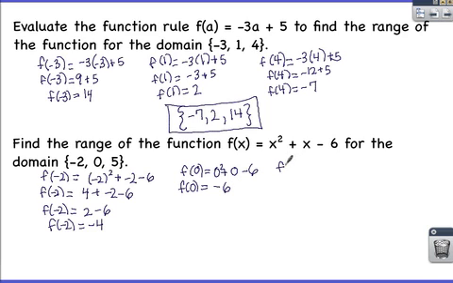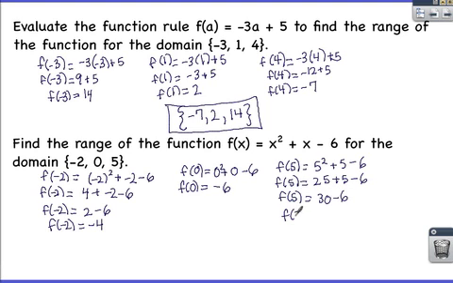And then finally, f of 5, we plug in 5, and we get 25 plus 5 minus 6, 30 minus 6, so f of 5 is 24. And then our answer we put in braces from least to greatest, so negative 6, negative 4, and 24.